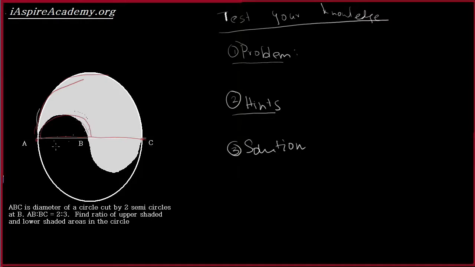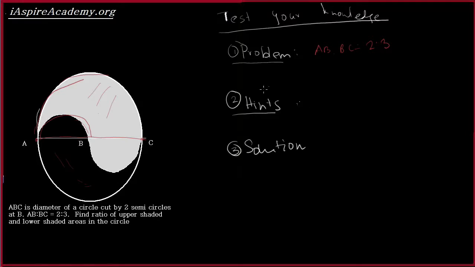So AB to BC equals 2:3, and ABC is a diameter. You have to find the ratio of the upper shaded part, which is this white shaded part, versus this black shaded part. So that is the problem.